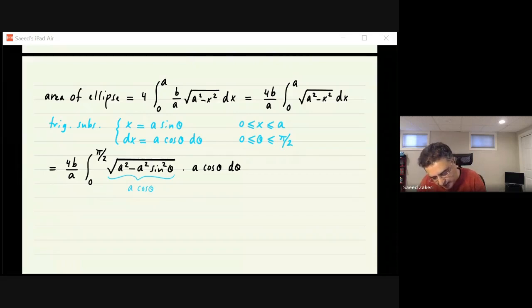So let's clean up. I've got an a here, another a here. So that's a squared. I can put it outside. And I have a squared, and I have one a on the bottom. In other words, this a cancels one of these a's.